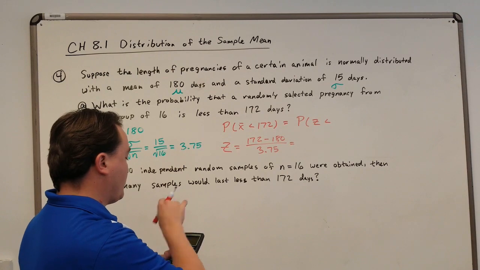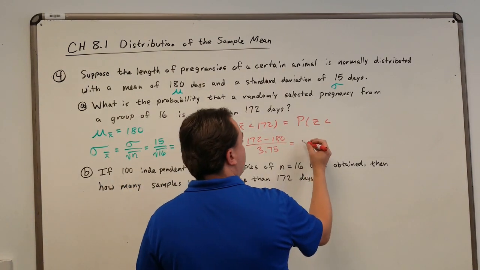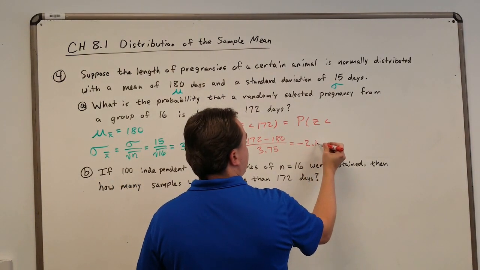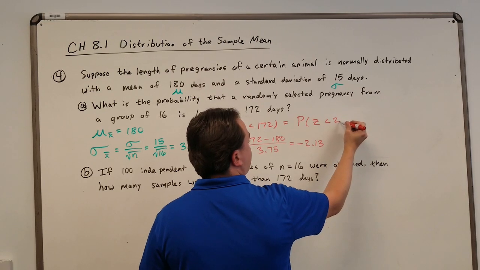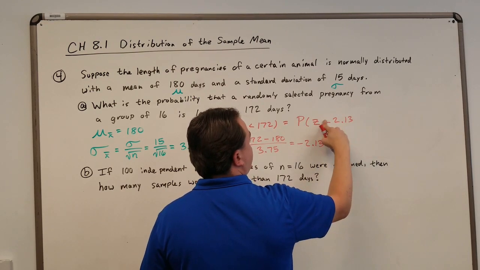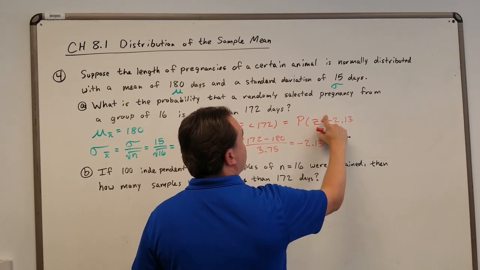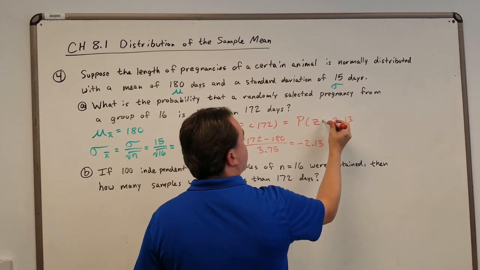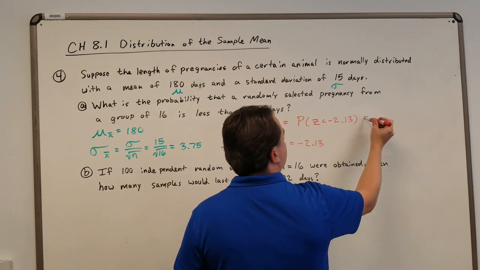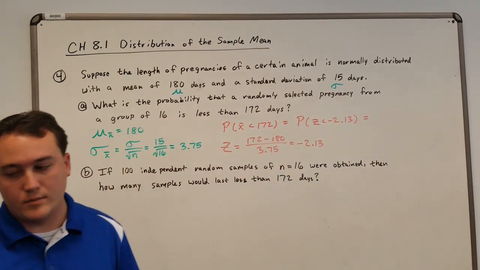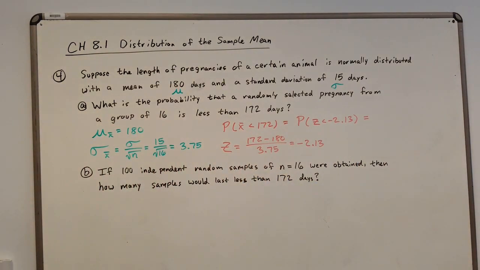So we get negative 2.13. So we can fill that in here. Negative. And just go straight to the table and we'll find the answer.